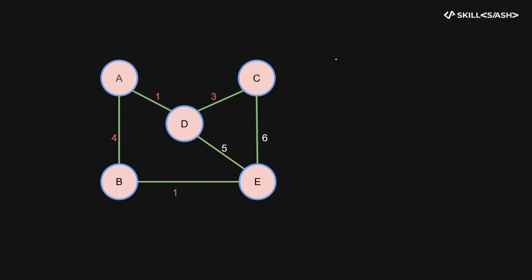So this has become your minimum spanning tree, which is A to D, D to C, A to B, and B to E, with the weights as 1, 3, 4, and 1 as one of the spanning trees. And this is your minimum spanning tree. Got it? How to code it, we'll see.